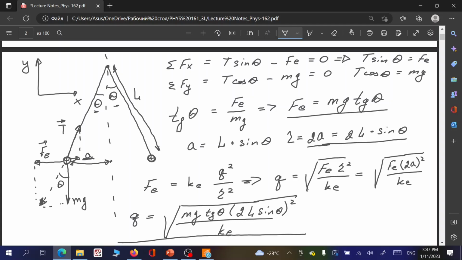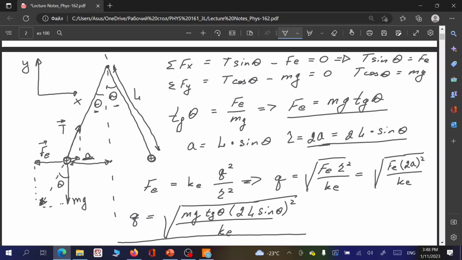So you see now that in the left side we have electric charge, which we cannot measure directly without specialized instruments. However, in the right side of this equation, what do we have? We have weight of the electrically charged objects, like mass, which we can measure with regular scale.